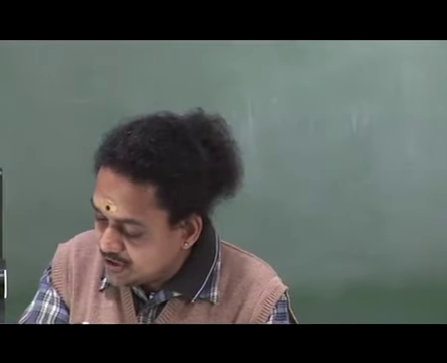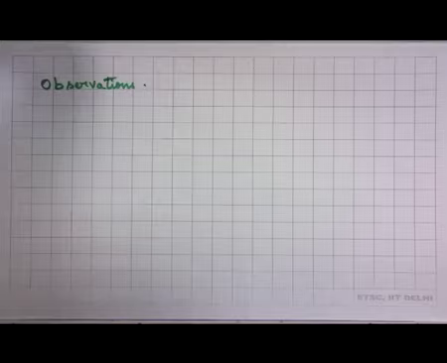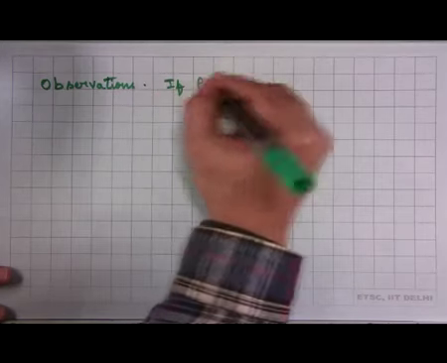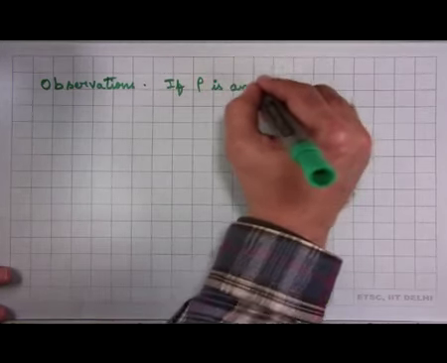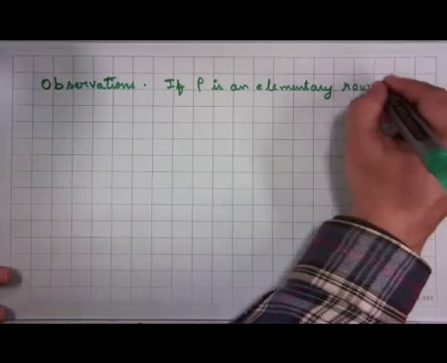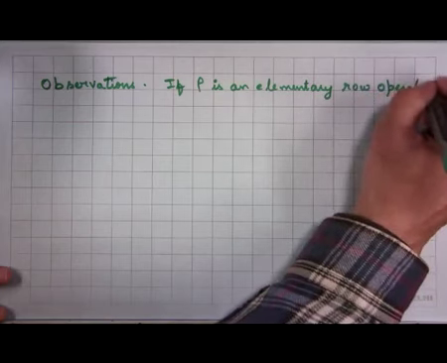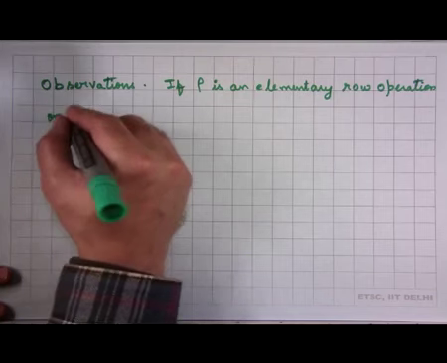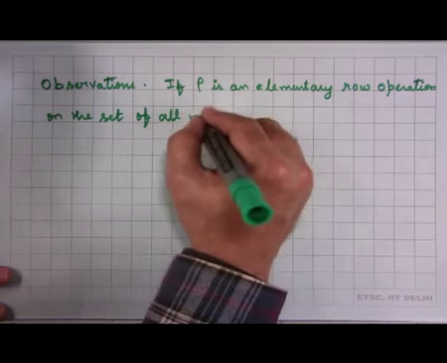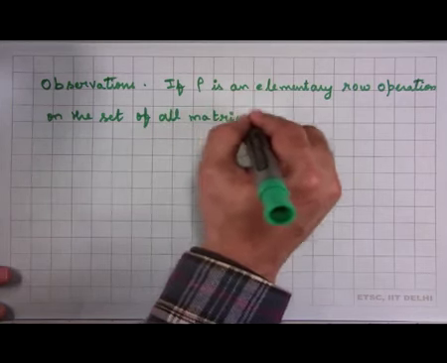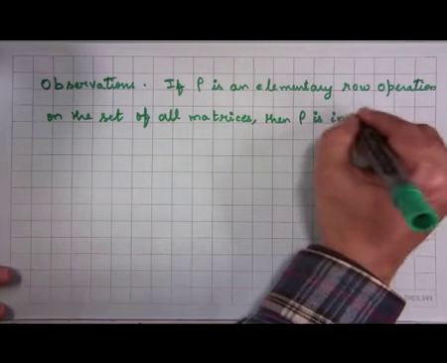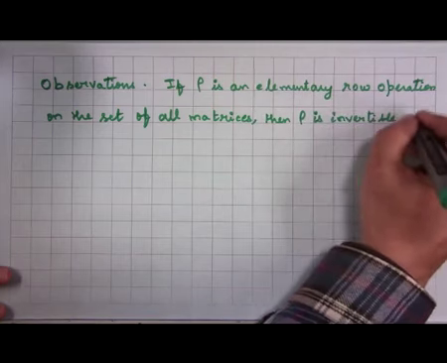So, few observations. If rho is an elementary row operation on the set of all matrices, then rho is invertible as a function.